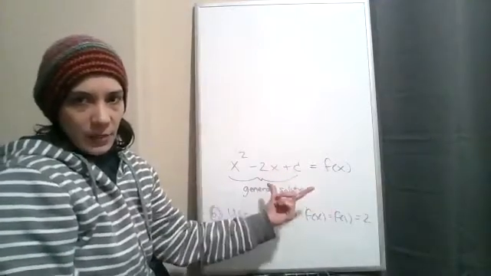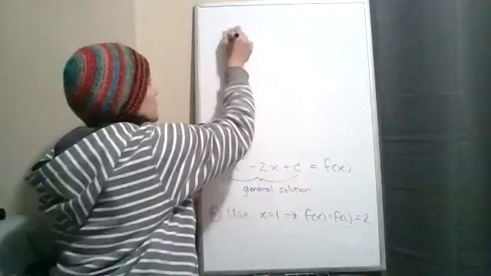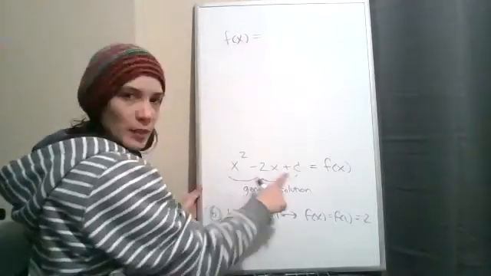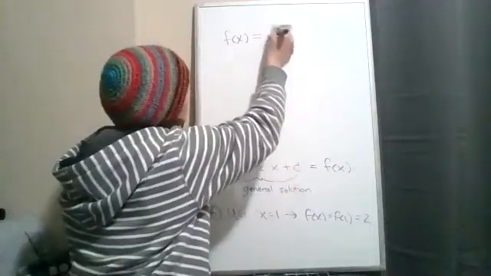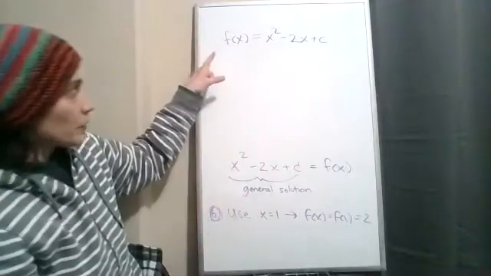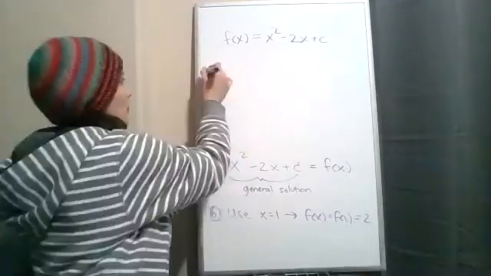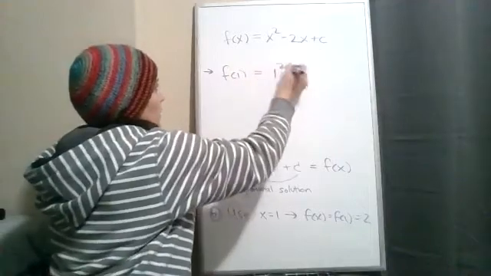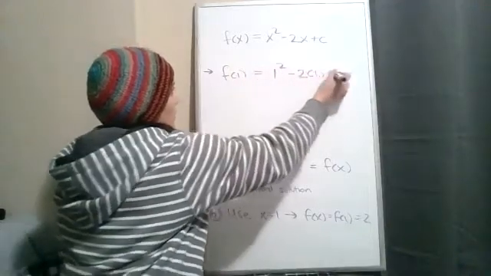So f of x is x squared minus 2x plus c. When you put in 1, you get out 1 squared minus 2 times 1 plus c.